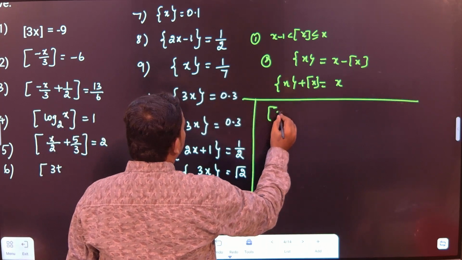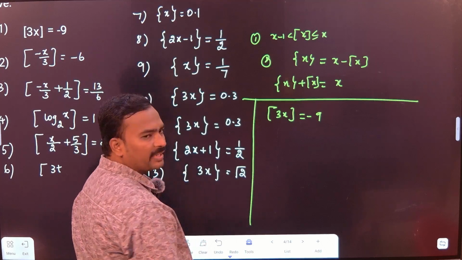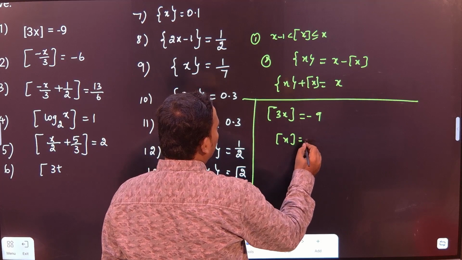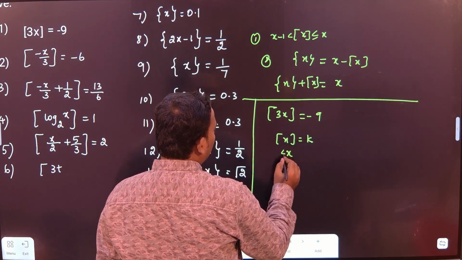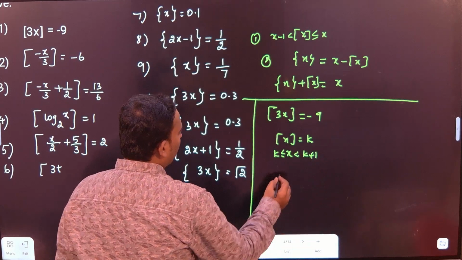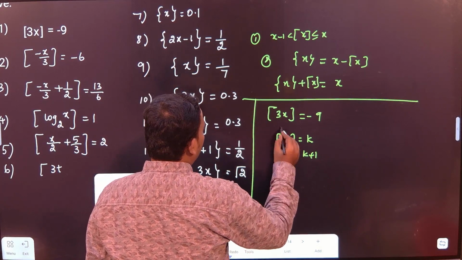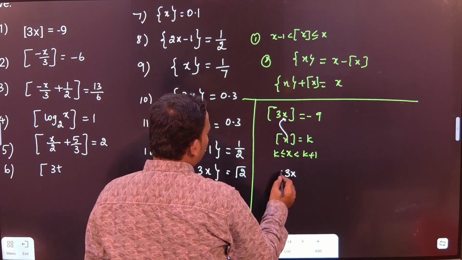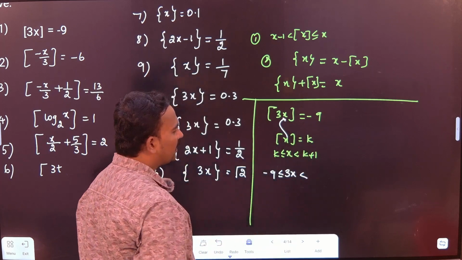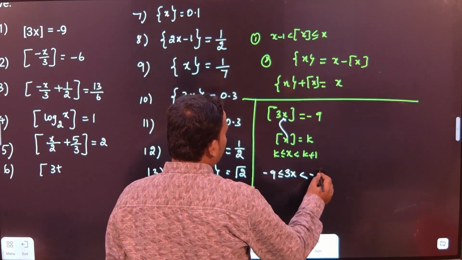So the greatest integer function of 3x is equal to minus 9, right? By definition, the greatest integer function of x equal to k means x should be from k to k plus 1. The same way, instead of x, 3x is there. Therefore 3x lies from minus 9 to minus 9 plus 1, which is minus 8.